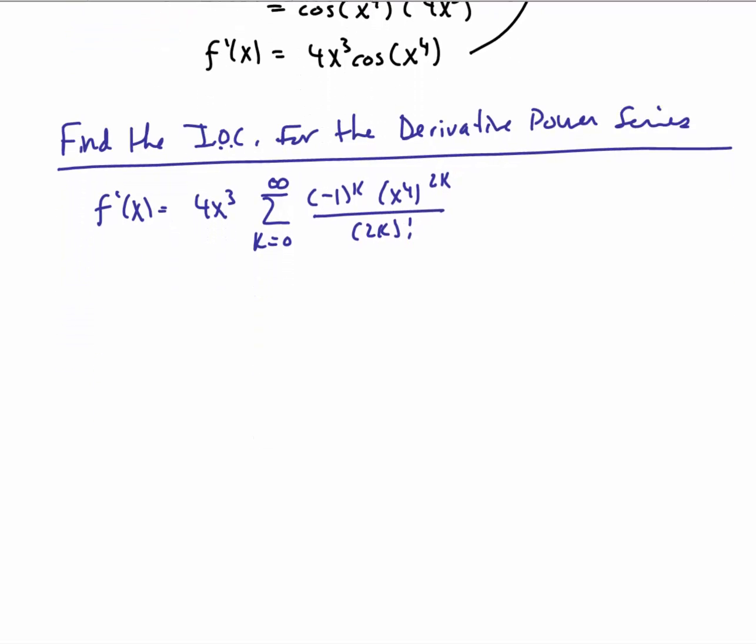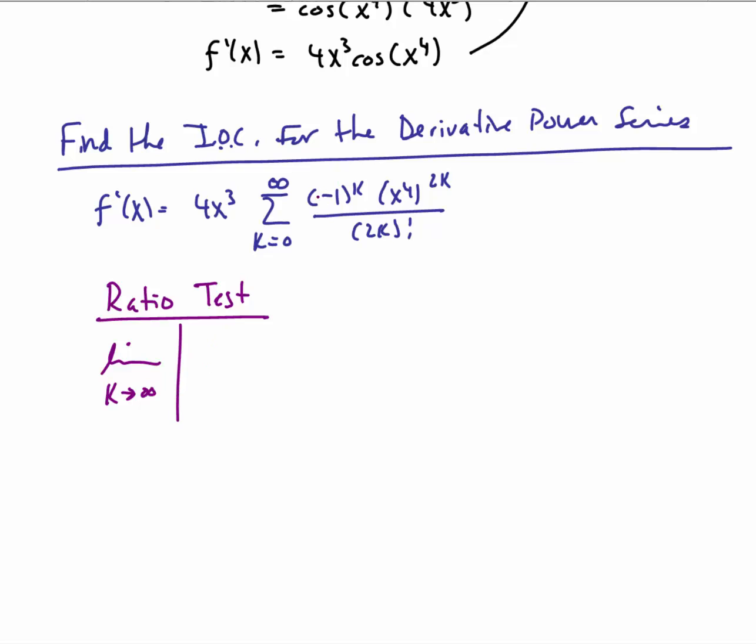So I'm using the series notation here because in order to find the interval of convergence, meaning which x values does this series do a good job of estimating, I need to use the ratio test. So I'm testing this on the series. Now for the ratio test, I take the limit as k approaches infinity of the absolute value of the next term.